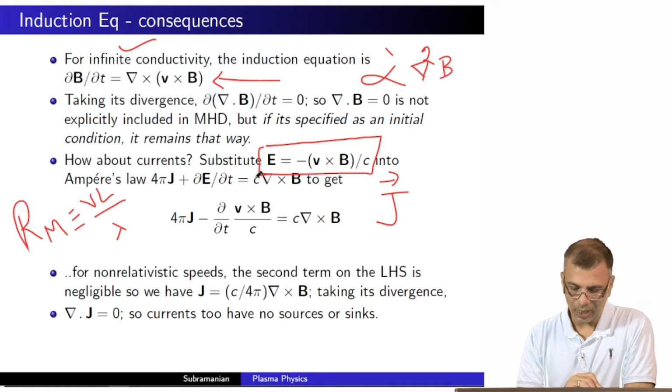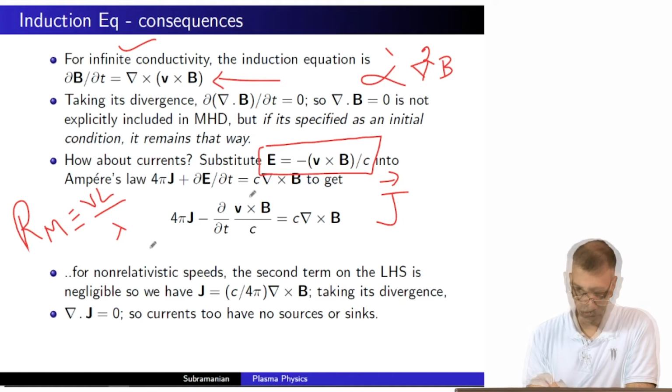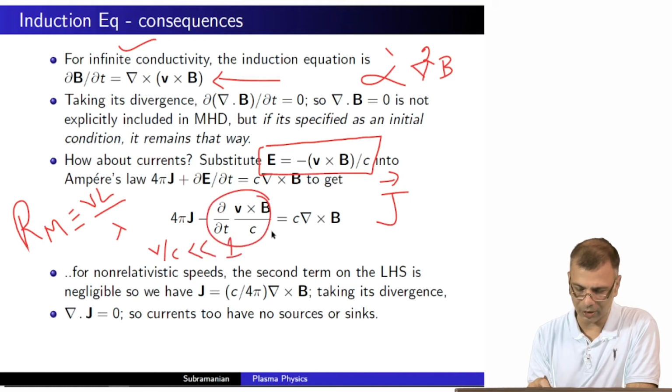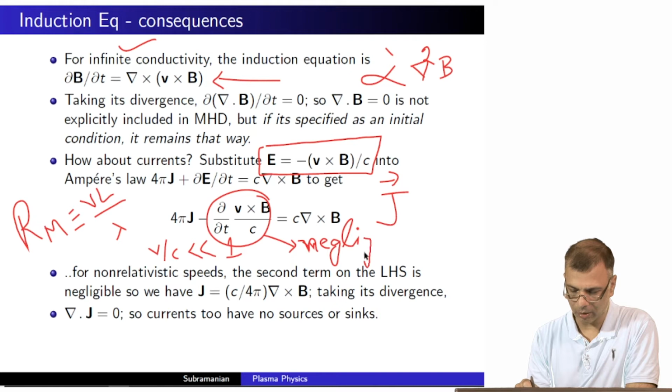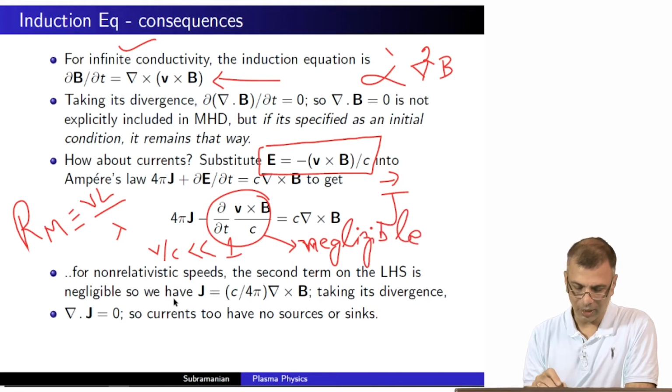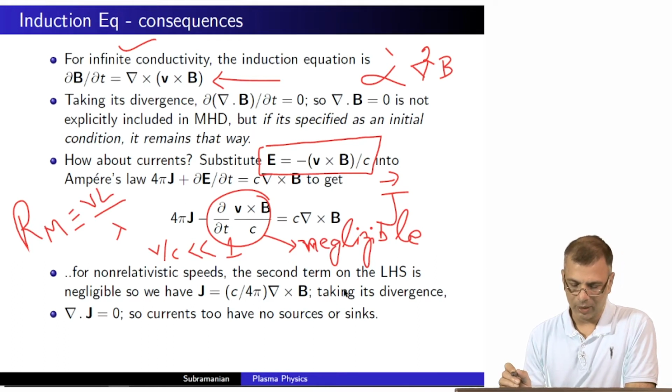Okay, and for non-relativistic speeds, when V over C is much less than 1, this term is negligible, right? So we don't consider this term, and so you simply have J equals C times curl of B, right?